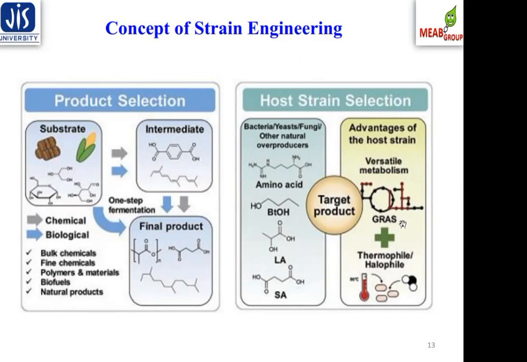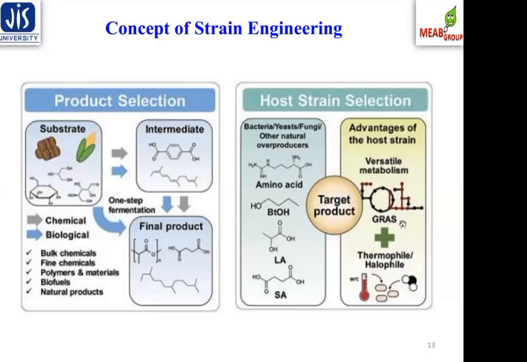On the other end of the coin is the host strain selection. Suppose you are trying to develop a specific bioproduct like any kind of alkane production, if you consider it as an example. Now, if you have chosen a host which can't tolerate the hydrocarbon at a higher level or above the threshold level, then you should not choose that particular strain, because the strain is not at all suitable to survive when your non-natural product is synthesized and generated within the cell.